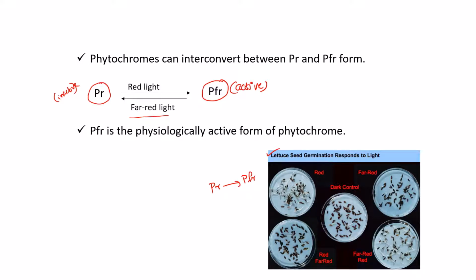That's why the seed is germinating. And here we can see that far red light is given. If we give far red light, what will happen? The PFR form will convert to the PR form. This PR form is inactive. That's why there is no seed germination.